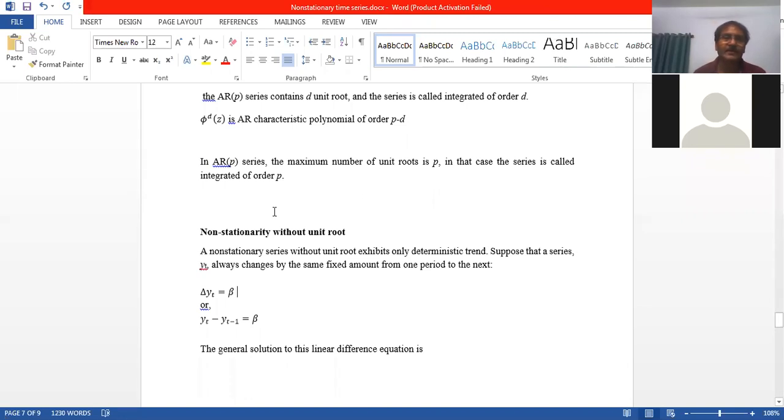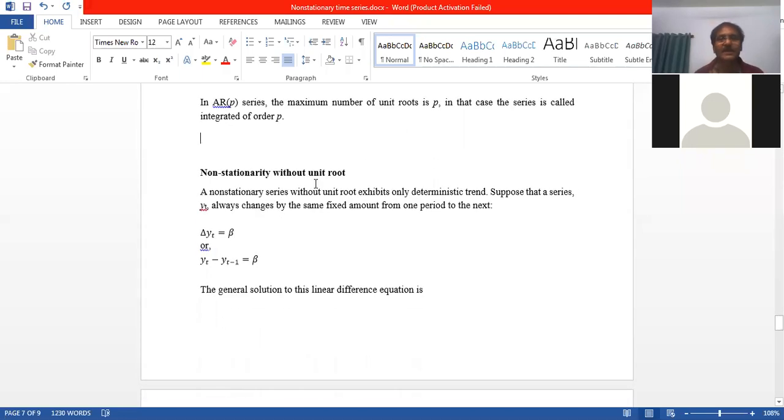So let us start with the case of non-stationarity without unit root. Without unit root means there is no stochastic trend. So in this case, the series will be non-stationary only when it contains deterministic trend.